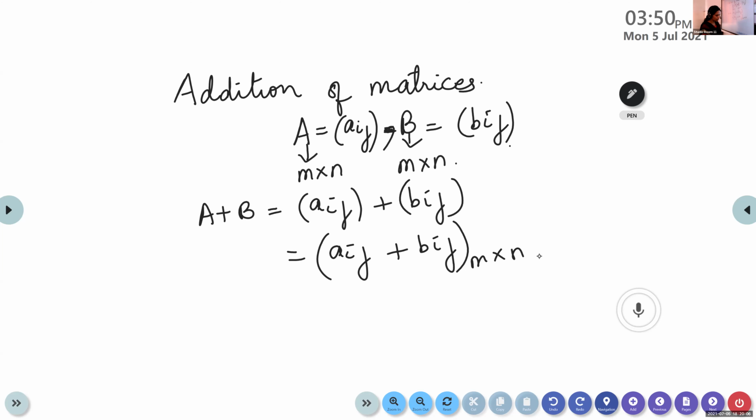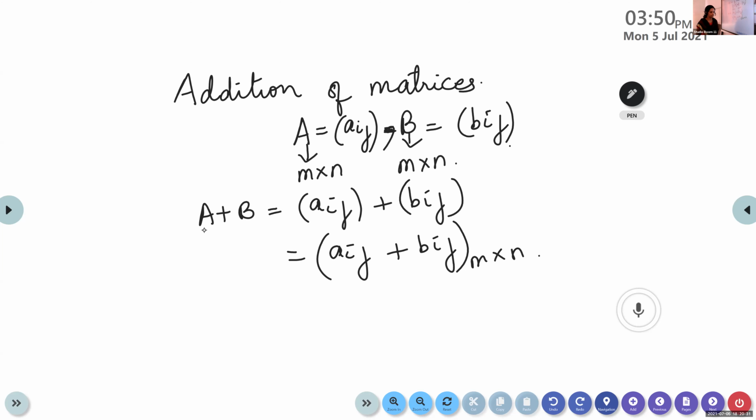The sum is obtained by adding the corresponding elements of A and B.